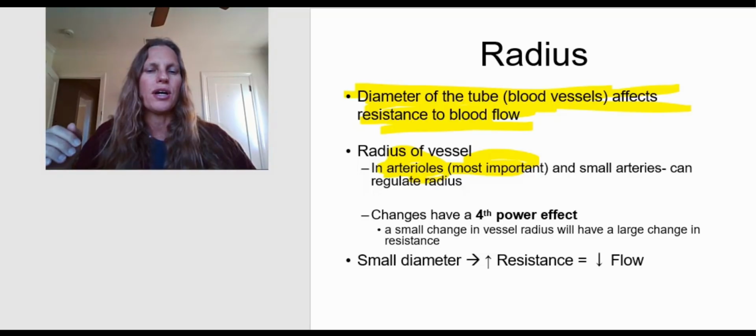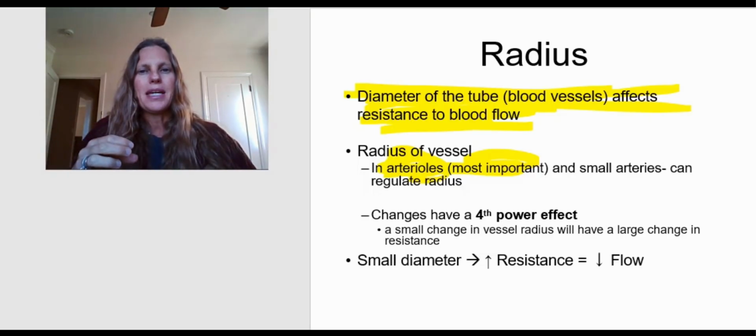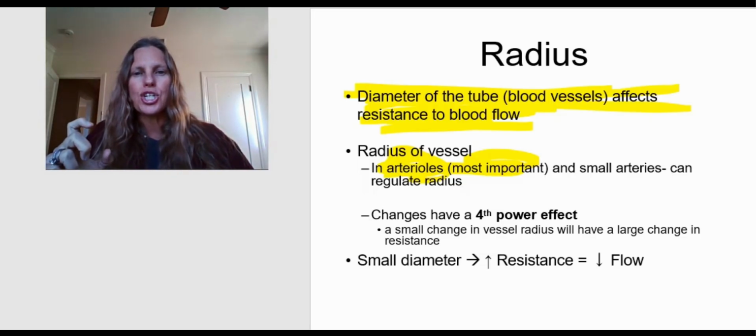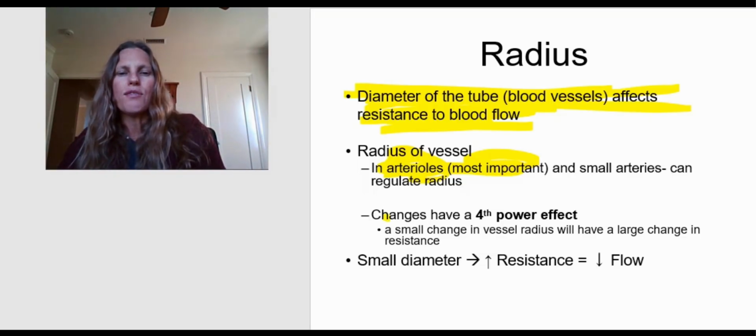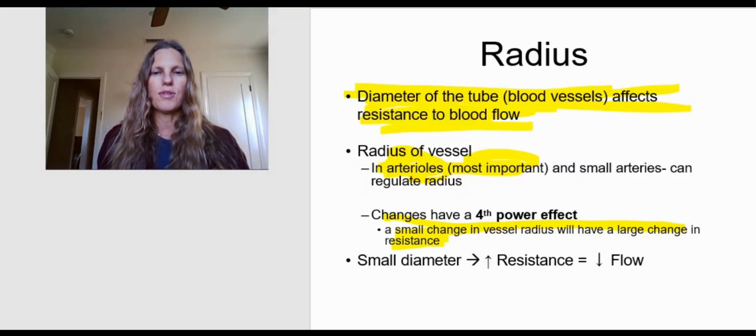This is a fourth power effect, right? So that means that small changes in the radius of your vessel lead to large changes in resistance, right? So the smaller the tube, the greater the resistance, and therefore the lower the flow, right?